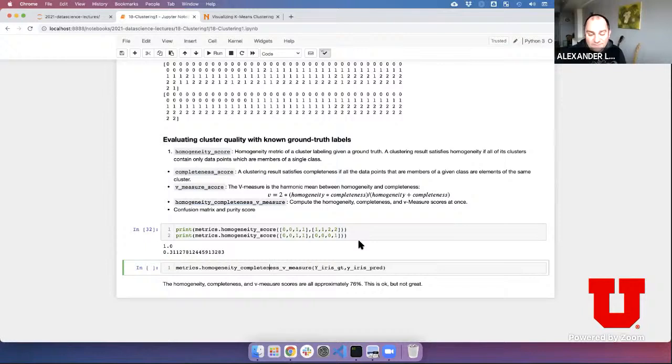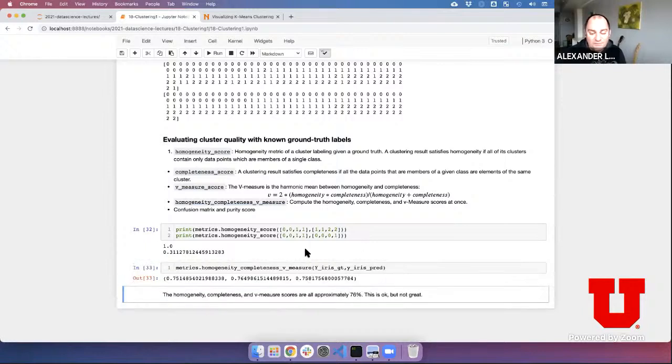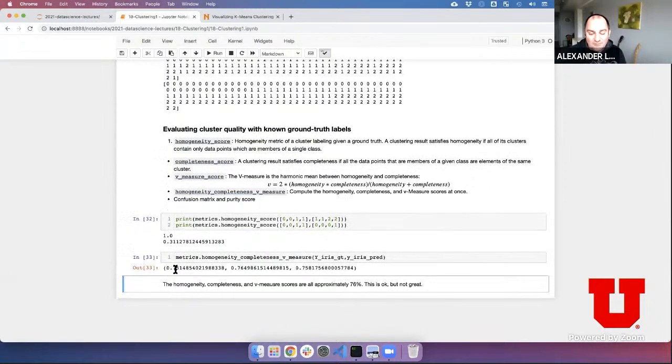And if we compute homogeneity, completeness score, and the V measure all together, we can see that we have 0.75 scores here, which means we have approximately 76% correct, which is okay, but not great.